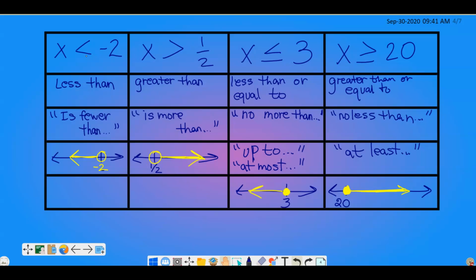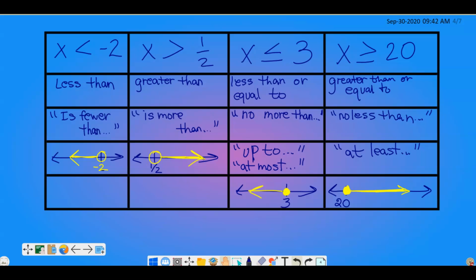And once again, here's another graph. We have a line, we have 1/2, we have an open circle, and then we have the line pointing in the correct direction. Remember, the point of the sign is the same direction that your line should be drawn in. It points in the correct direction.